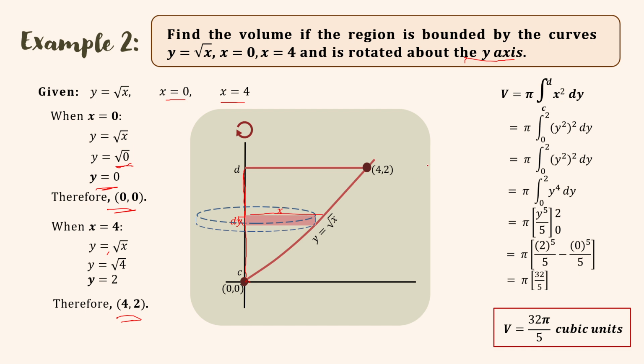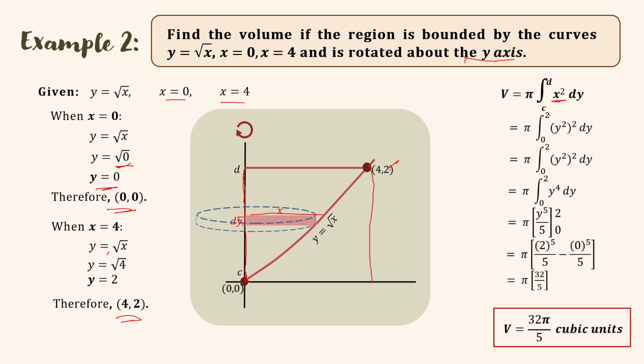So the volume is equal to pi, integral from c to d, of x squared dy. What is the limit here? Since it is in terms of y, the boundaries are from 0 to 2, because this is y. From 0 to 2, that is the limit here. And what is the value for our x?